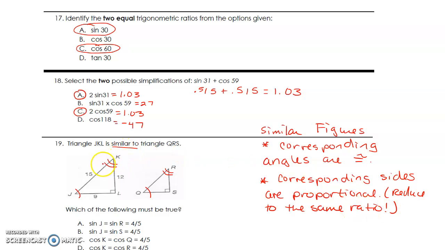So that means that when I do sine of K, 9 over 15, that's going to reduce to the same as this over this, whatever those values are. So the trig ratios will also reduce to the same values.